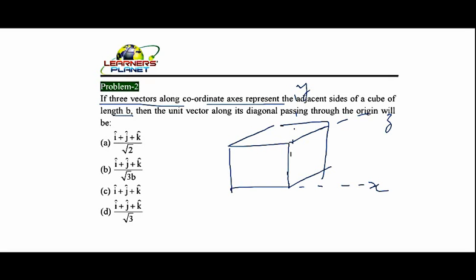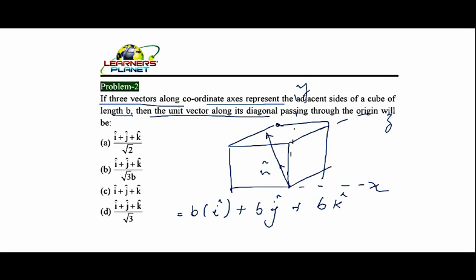You have to find a unit vector n cap which is along the diagonal passing through the origin. Now you can easily write that the diagonally opposite point, that is the body diagonal of this point, can be written as b times i cap plus b times j cap plus b times k cap.